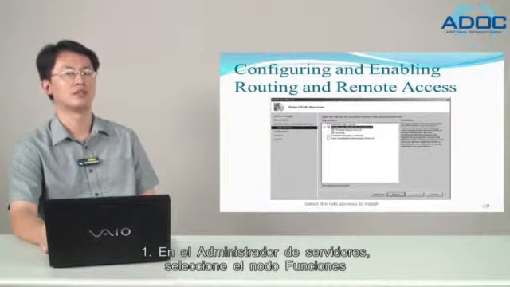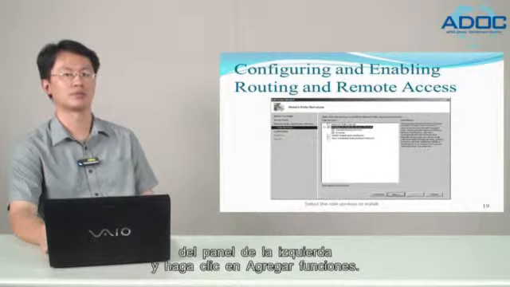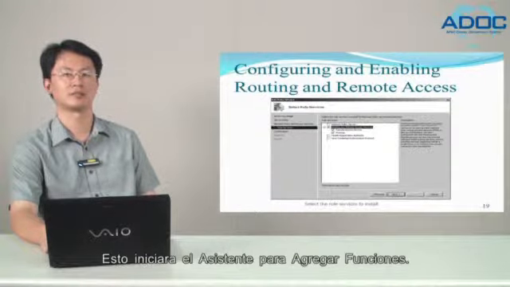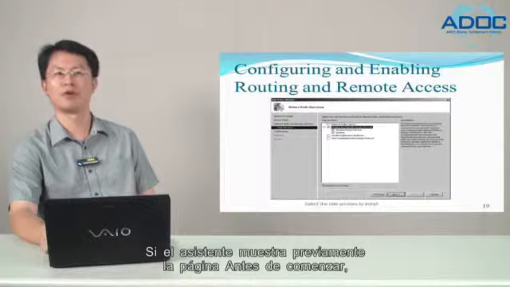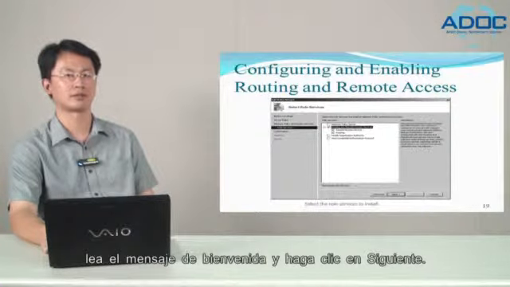First, in Server Manager, select the Roles node in the left pane, and then click Add Roles. This starts the Add Roles wizard. If the wizard displays the Before You Begin page, read the welcome message and then click Next.